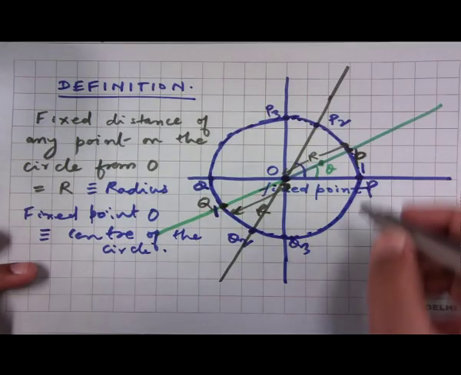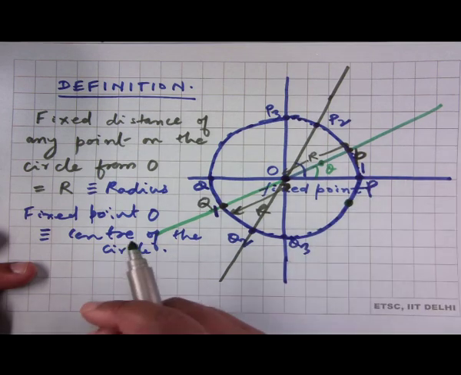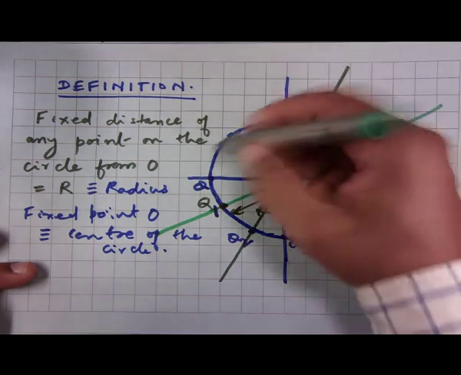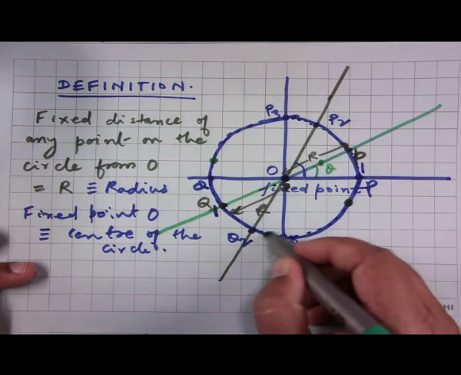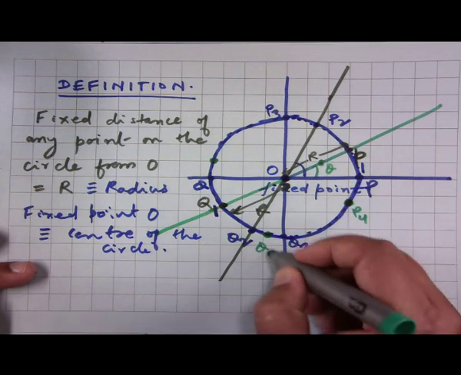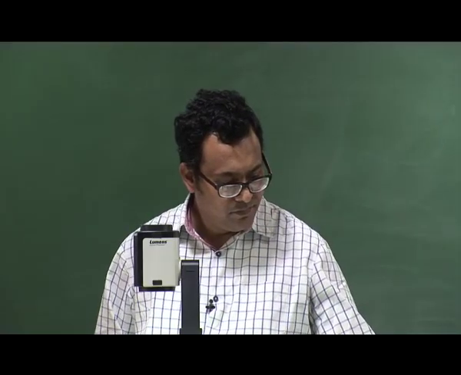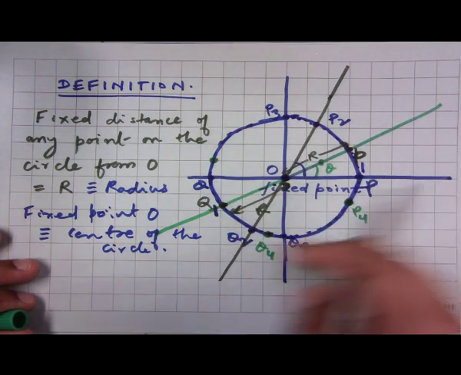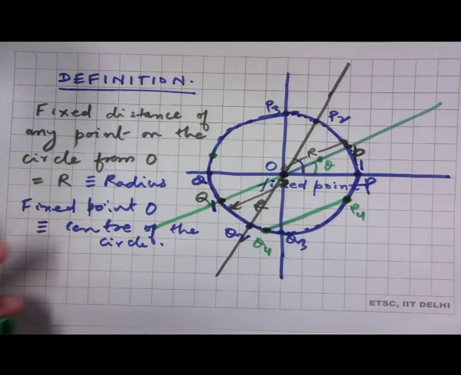Now, if we take any 2 points on the circle, so let us say we take this point and this point. So, we take let us say P4 and Q4, and these 2 points belong to the circle, they are on the circle, and we connect them by a line segment.